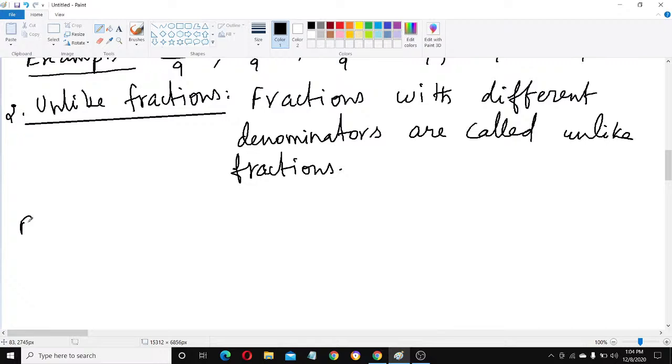Now I will write the example. You have to write fractions with different denominators, children.